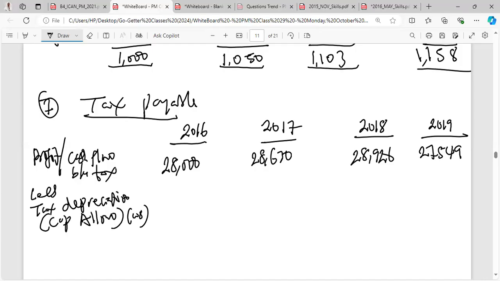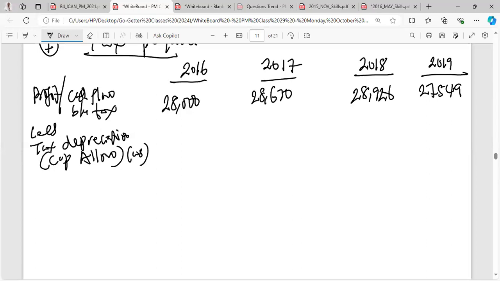After we remove the depreciation, we will have taxable profits, which is the difference.